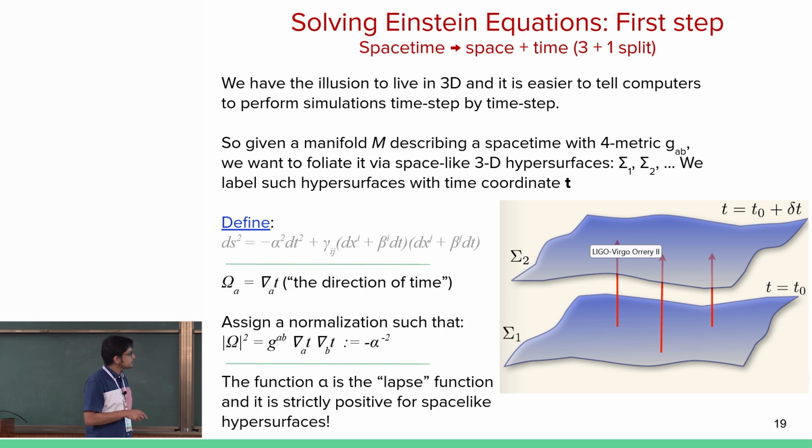Okay? So once we have designed that, what we have is some spatial hypersurfaces which are 3D, which are level sets of time, say a value of t0, and an entirely non-intersecting separate level set sigma 2, which is separated from the first one by a small difference in the value of the time coordinate.